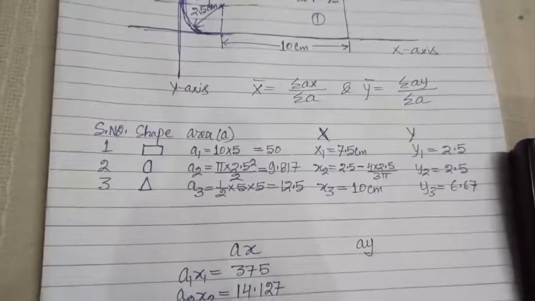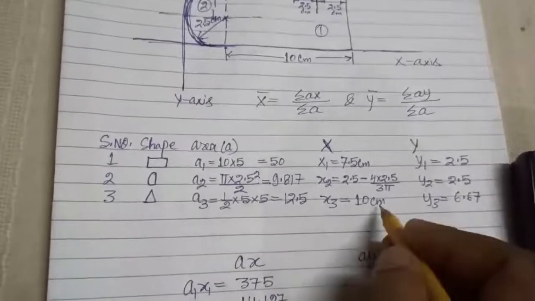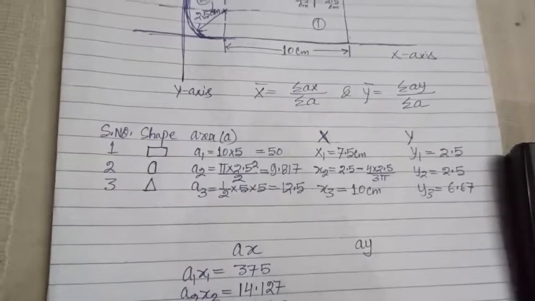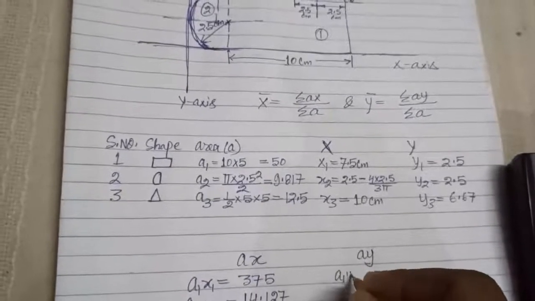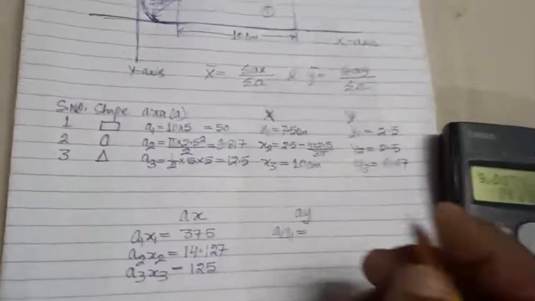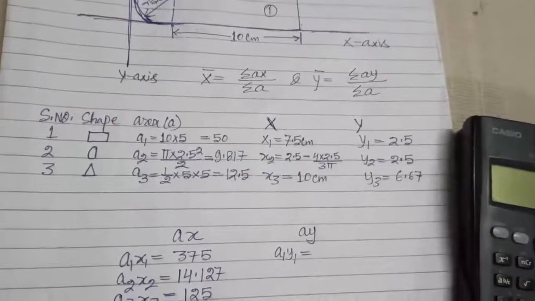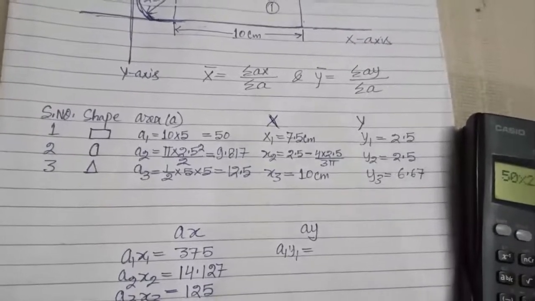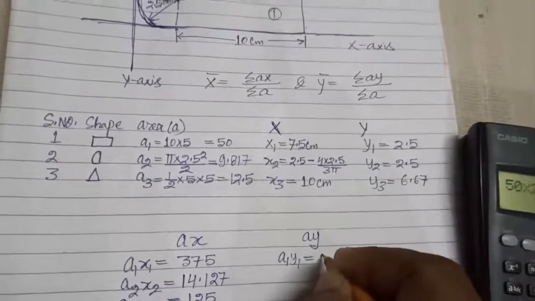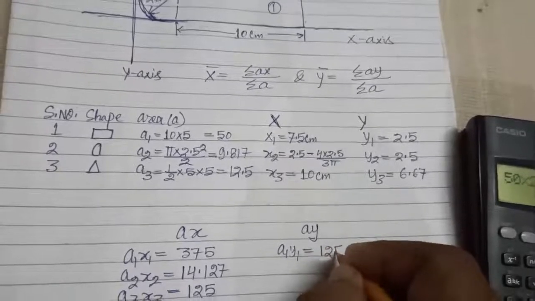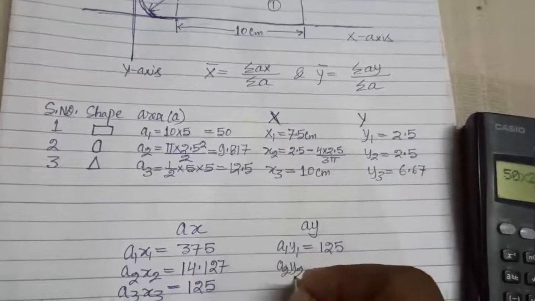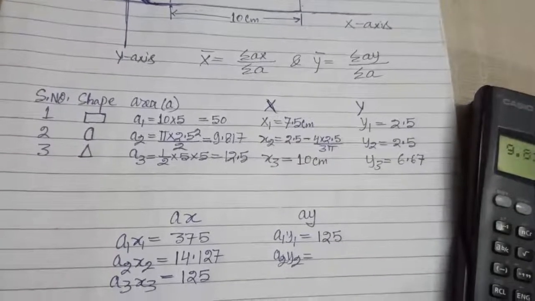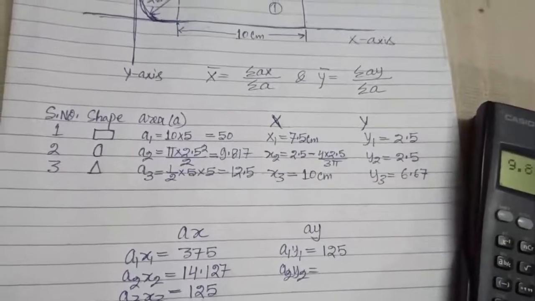Now A3x3. So A3x3 is 12.5 into 10. So this is 125. Now A1y1. A1y1 is 50 into 2.5. So this is 125. And A2y2 is 9.817 into 2.5.